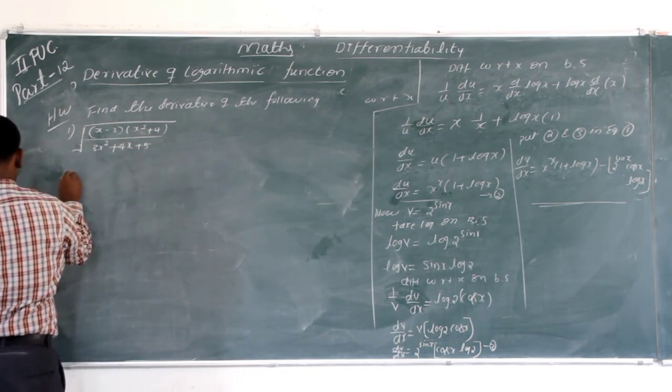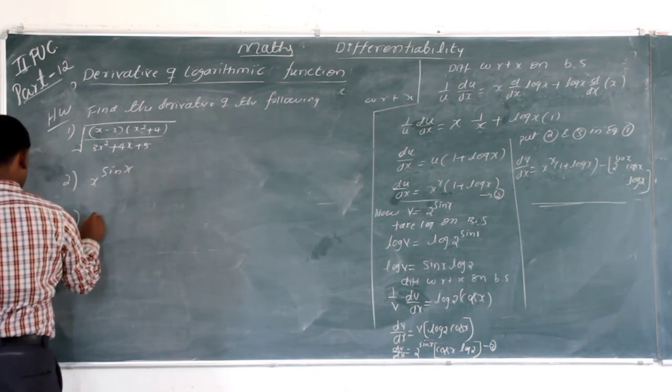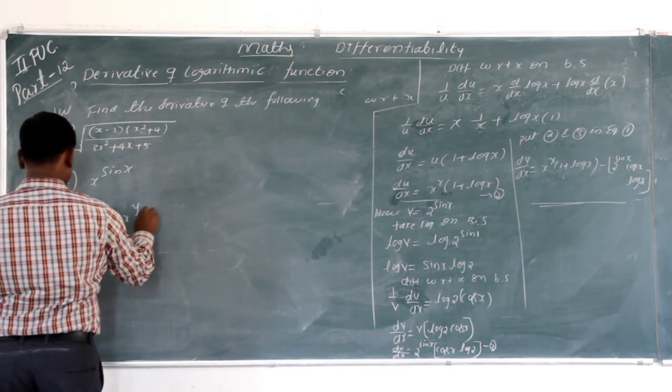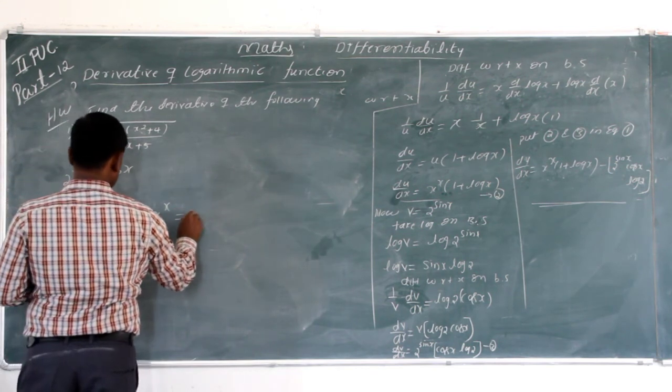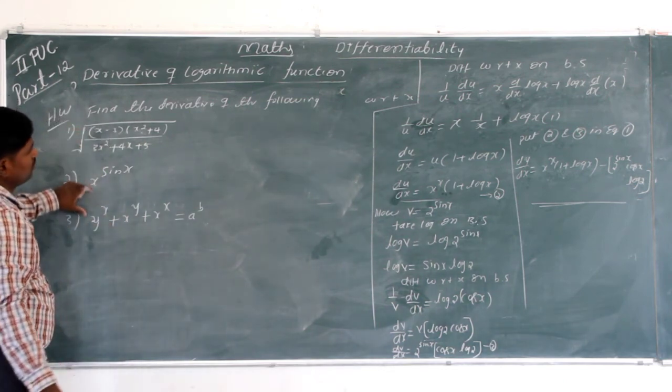The second one is x to the power of sin x, and the third one is y to the power of x plus x to the power of 5 plus x to the power of x is equal to a to the power of b. These are the homework problems.